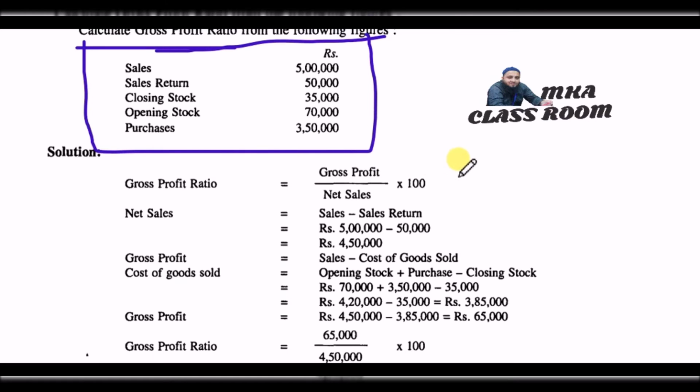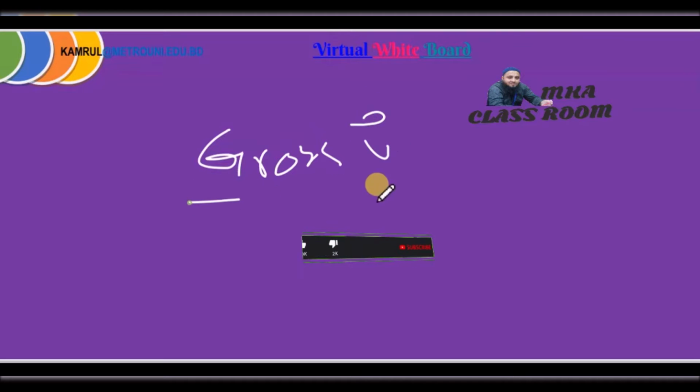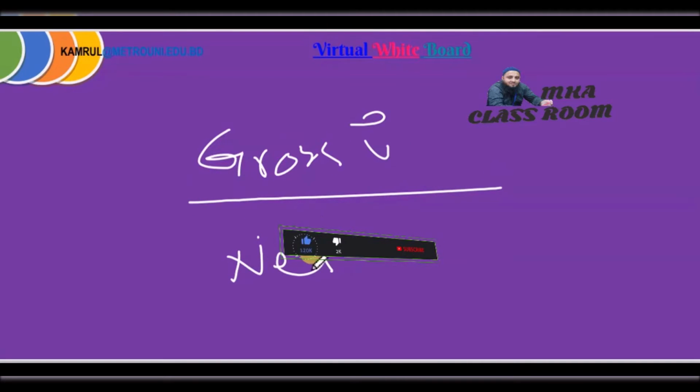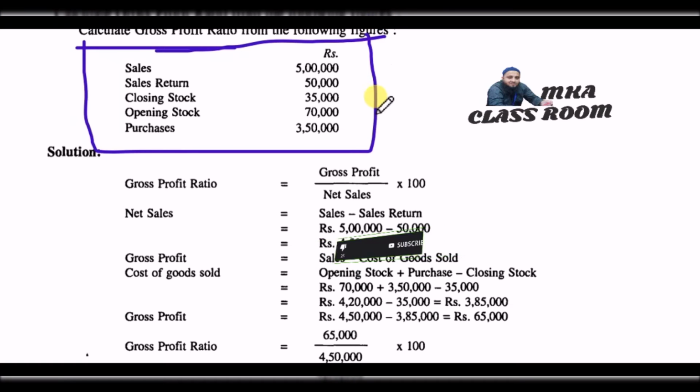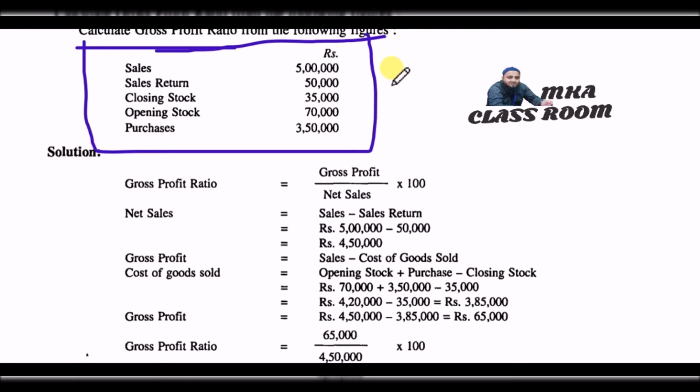We know that gross profit ratio equals gross profit divided by net sales into 100.